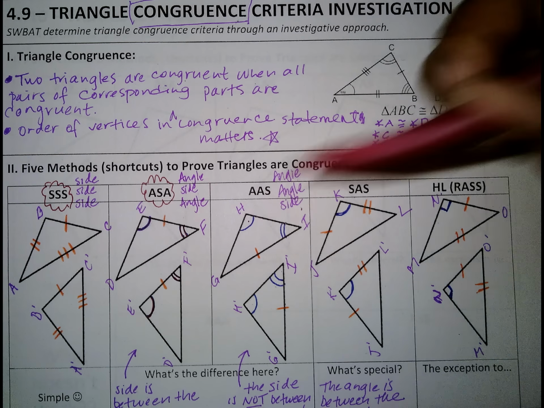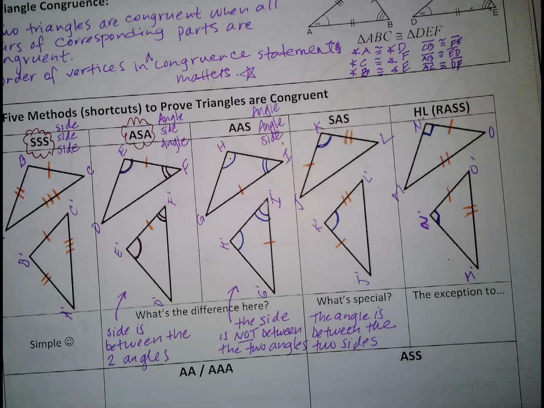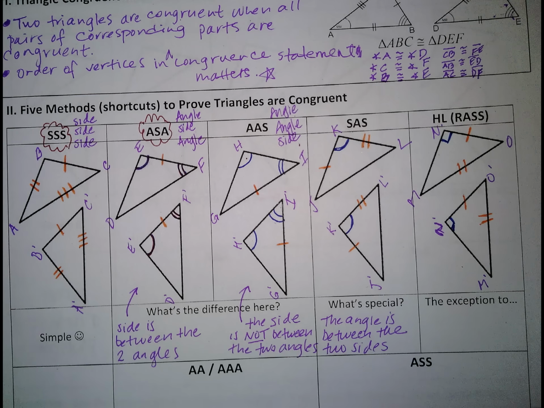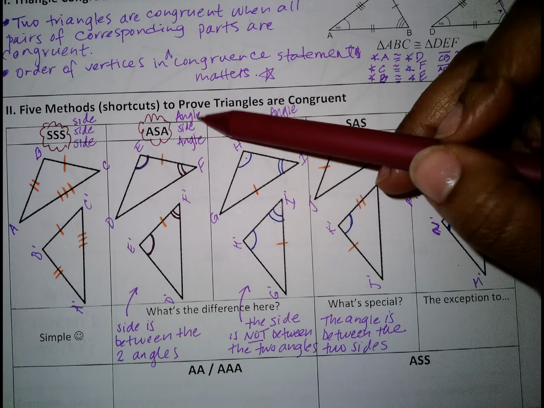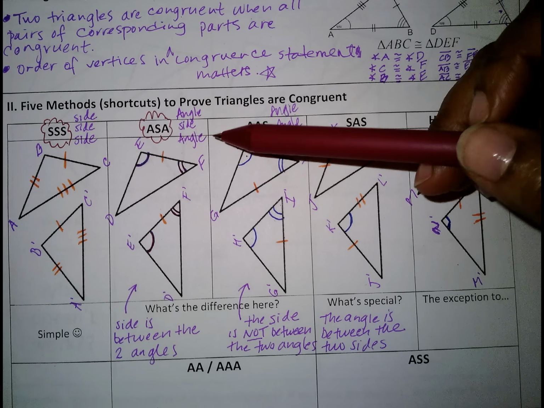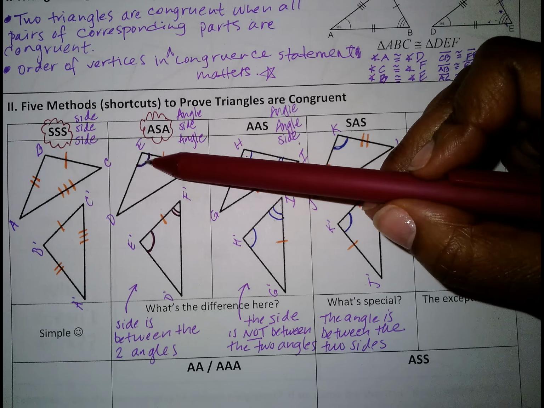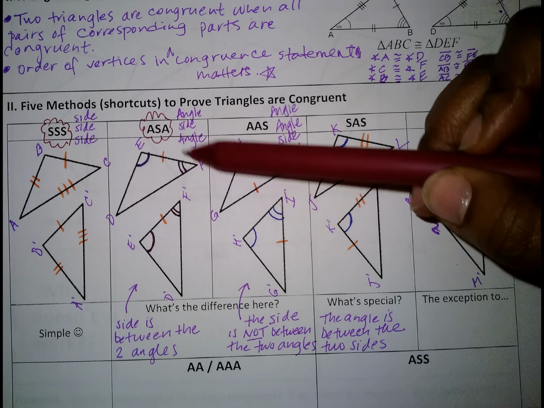But what's the difference here? Notice where your angles are located and your sides are located in the angle, side, angle congruence postulate. Let's look at this first one. I have an angle and then a side and then an angle.